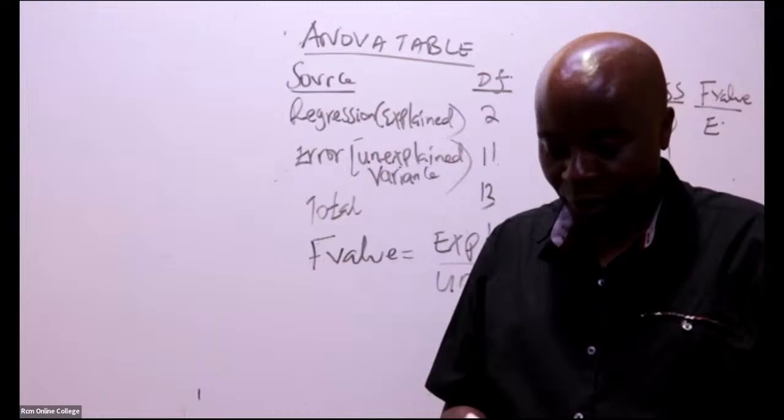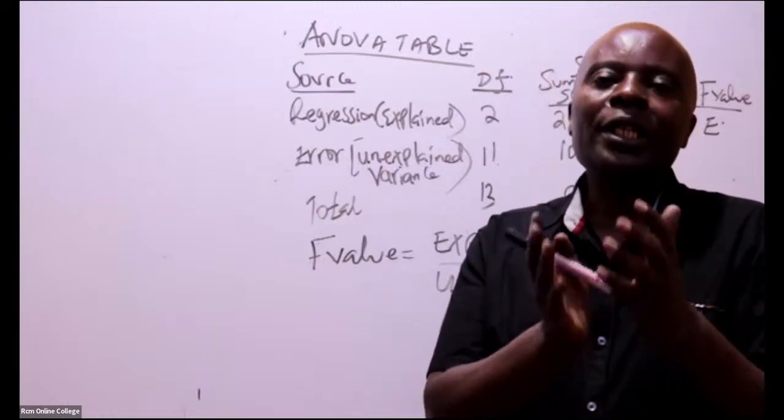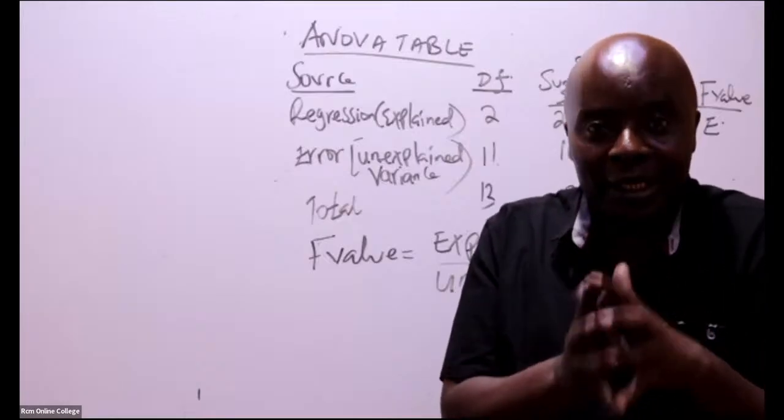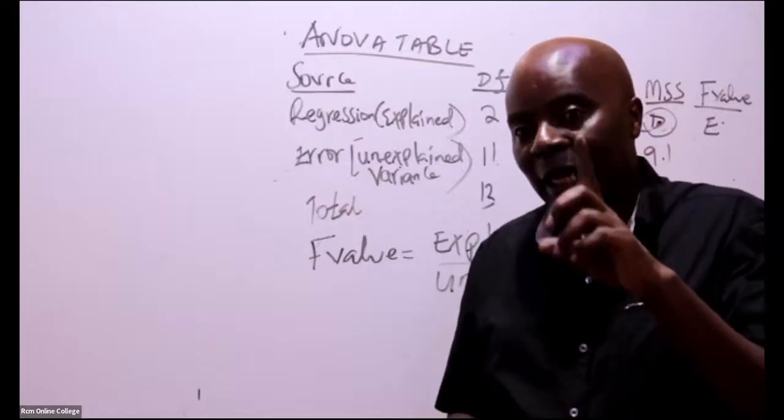So there will be variation that is unexplained, and there is variation that regression will be able to explain.